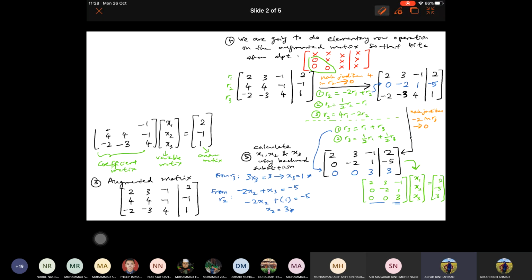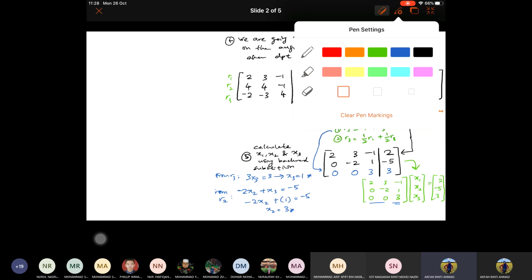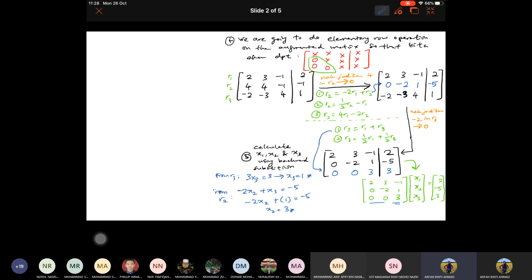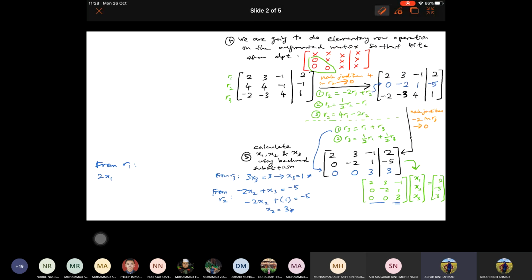Okay. Then from row 1, so saya padam yang dekat atas ni. Ni pun saya padam. Okay. So from row 1, awak akan dapat 2x1. Yang backward substitution ni daripada equation this one. Okay.